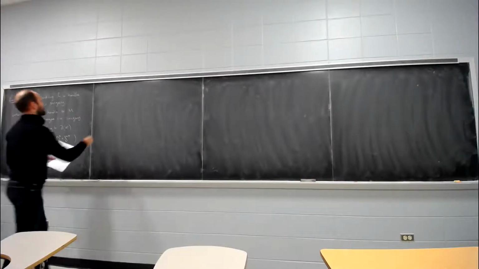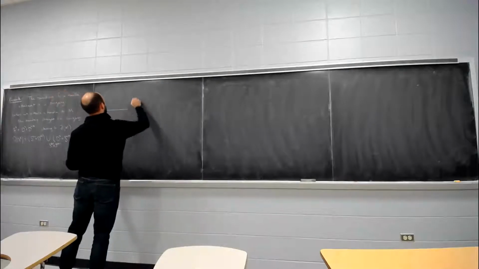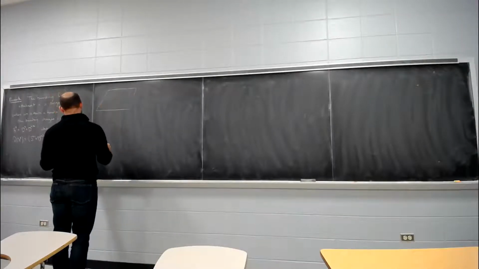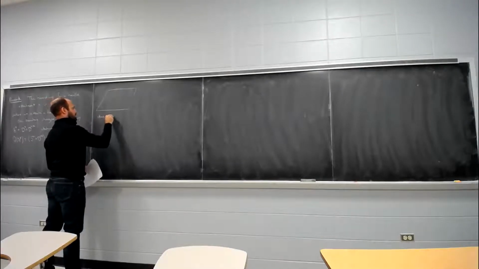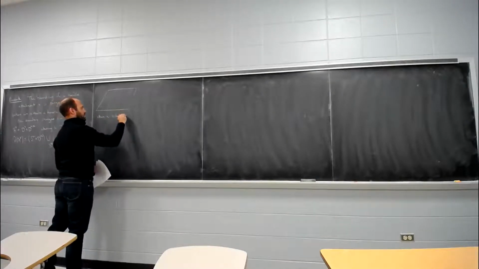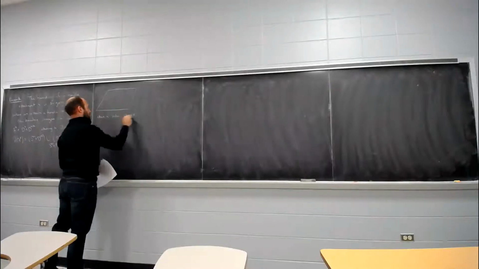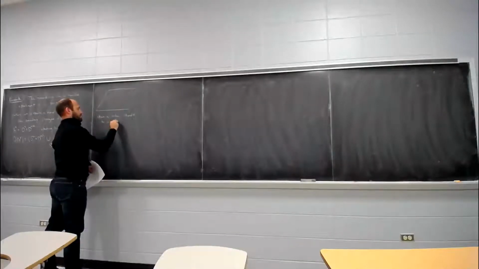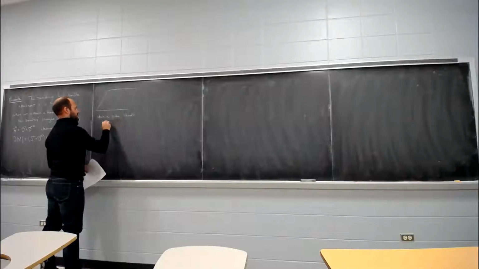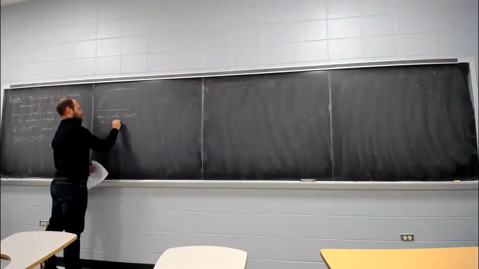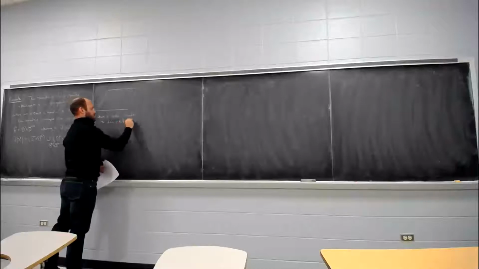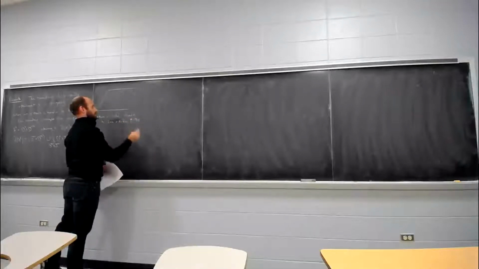Okay, so maybe we should illustrate this with a picture. Maybe we'll just do this. So suppose we attach a three-dimensional one-handle to a surface, F, which is the boundary of some three-manifold.